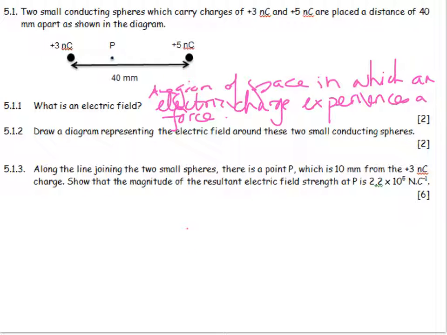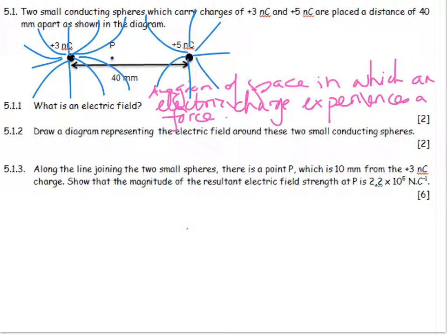Now, the important thing is that these spheres are not the same. Although they have the same charge, they don't have the same magnitude of charge. So what you've got is plus 3 and plus 5. The field lines go from positive, and if we've got the same shape, we're going to have that kind of shape.